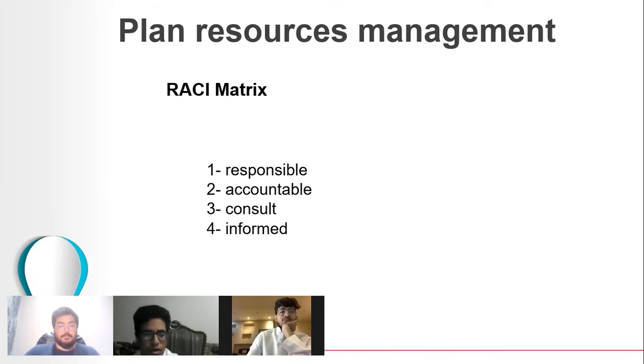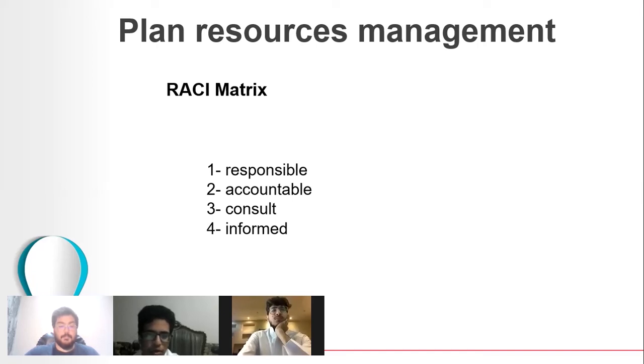There are also responsible, consulted, and informed people. For every activity, there is one accountable, but it is not required to have only one responsible, one consulted, or one informed. The most important member is the accountable.